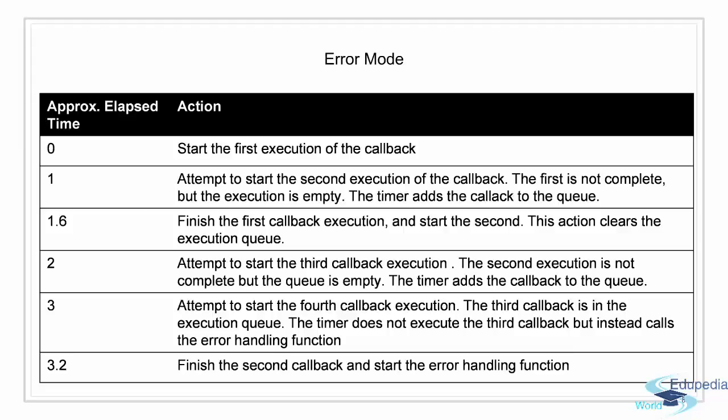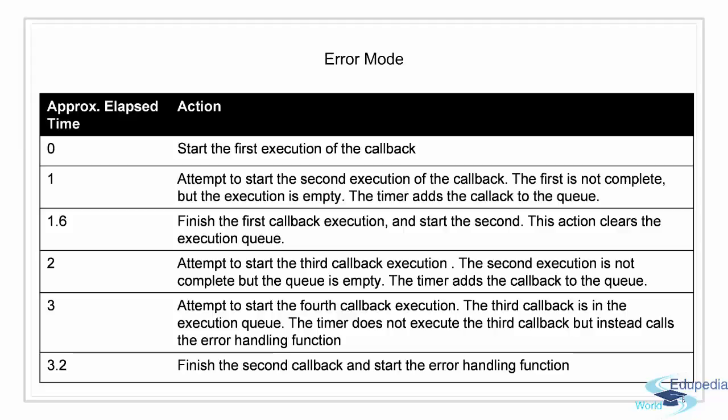At the second second, the timer object will again be invoked and it will attempt to start the third callback execution. As the second execution is running, the third callback will not start, but the execution queue is empty, so this callback will be pushed to the queue. At the third second, the timer object will attempt to start the fourth callback execution.